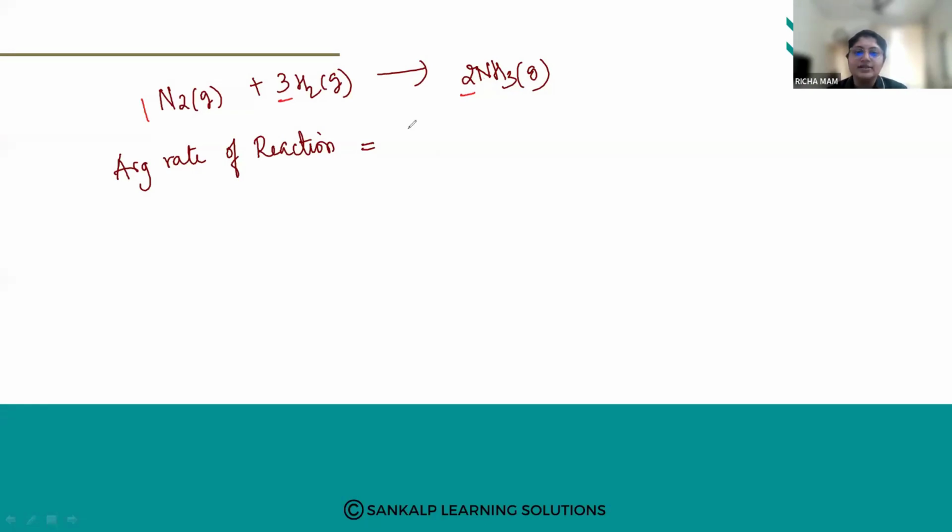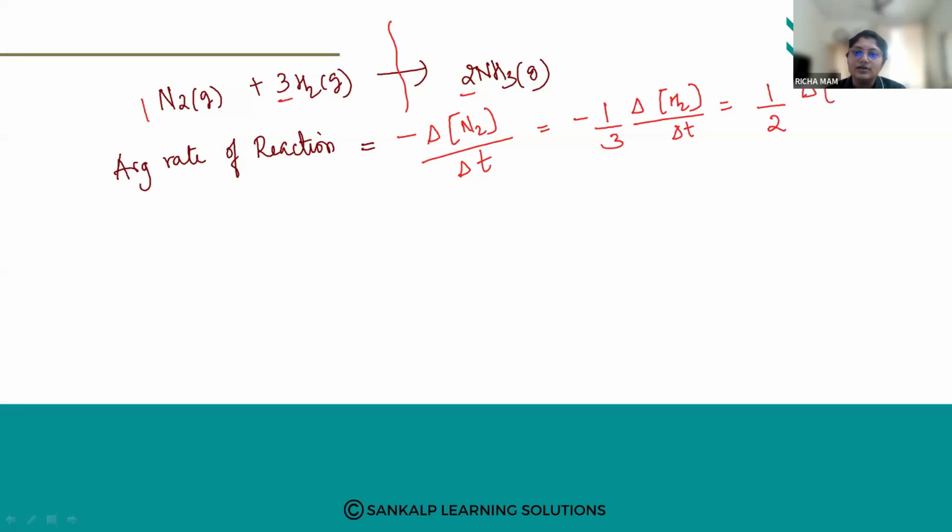So it is minus delta N2 by delta T, is equal to, on the reactant side we have to mention minus everywhere, so minus 1 by 3 delta H2 by delta T, is equal to 1 by 2 delta NH3 by delta T. Got it?